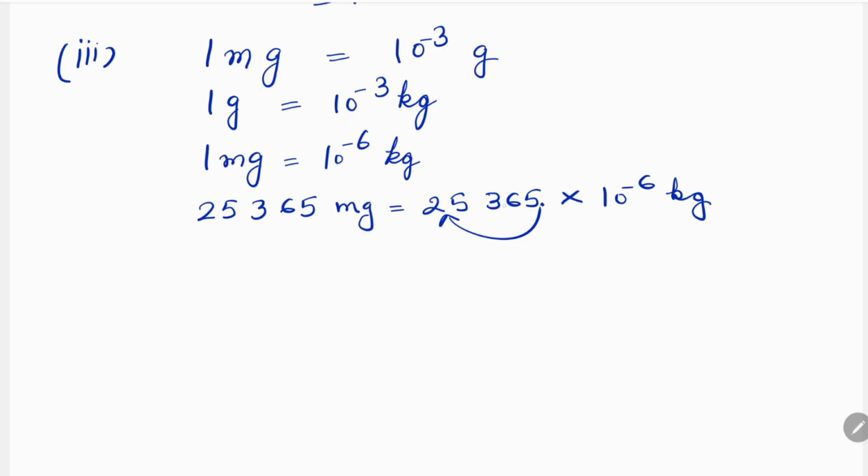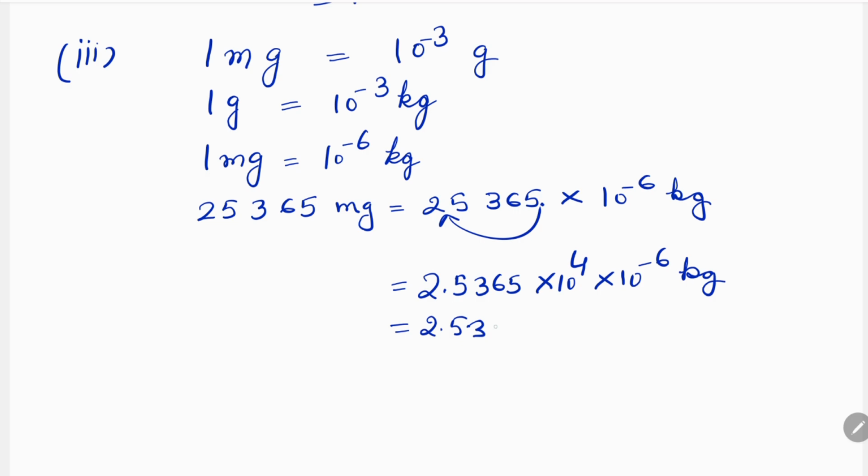Okay, it is going 1 2 3 4, so it becomes 2.5365 multiplied by 10 raised to power 4 multiplied by 10 raised to power negative 6 kilograms. So when we solve it, it becomes 2.5365 into 10 raised to power negative 2 kilograms.